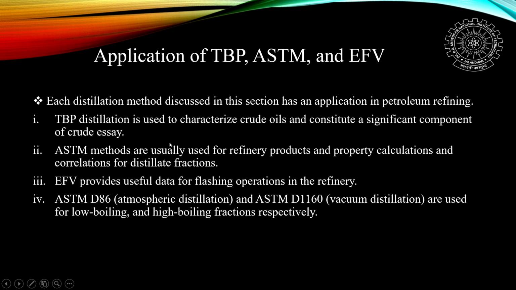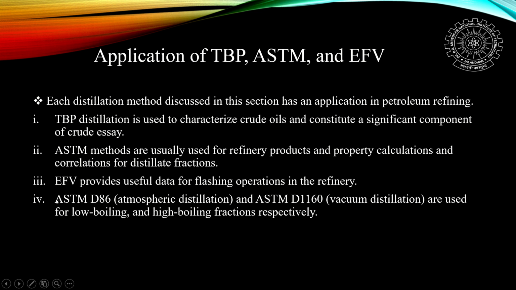I have told you that there are basically three ASTM methods, D86, D1160 and others, and we use them for the reasons I told you earlier. And EFV, equilibrium flash vaporization, provides useful data for flashing operations in the refinery.